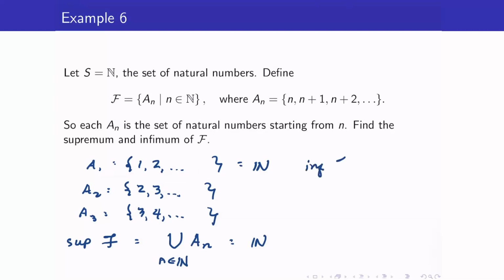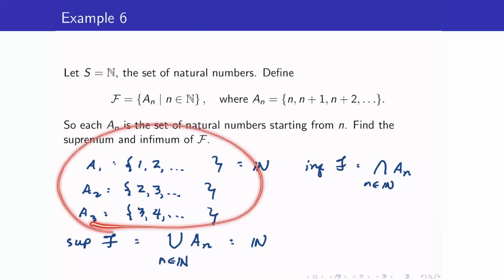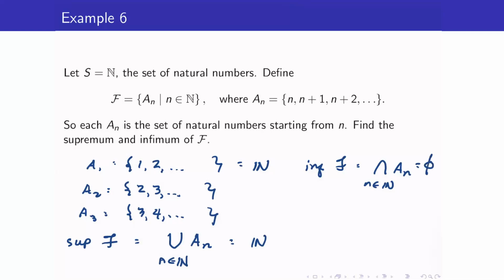What about the infimum of F? According to the theorem, all we have to do is get the intersection of all the sets. What would be the intersection of all the sets? This set is the null set. So this is not saying that we have no infimum. It's just saying that the infimum is the null set.